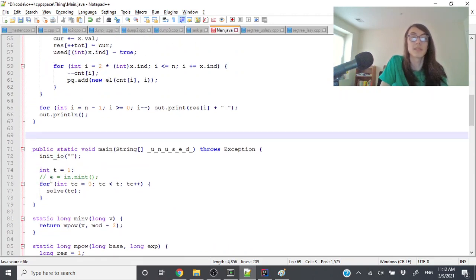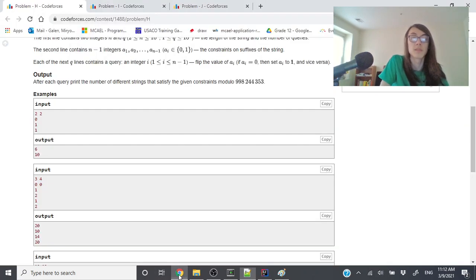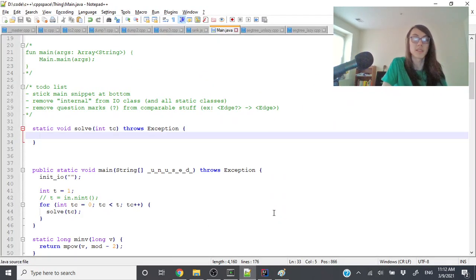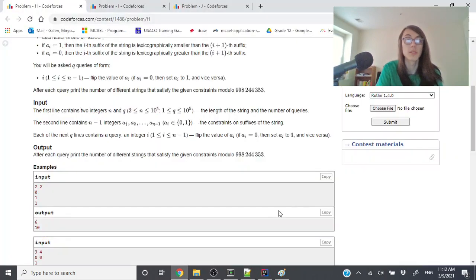So first we're gonna just do some stuff. And the stuff we do is this. I'm gonna code the naive DP just to make sure it works, and then I'll fix it with a segment tree. So n equals in.init, q equals in.init, int a equals new int n minus 1.